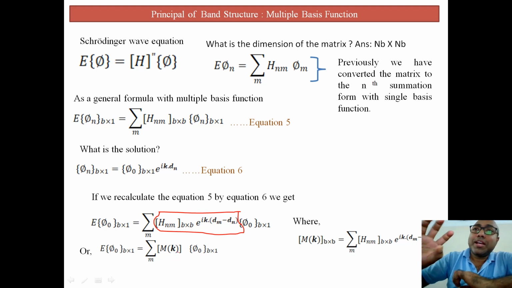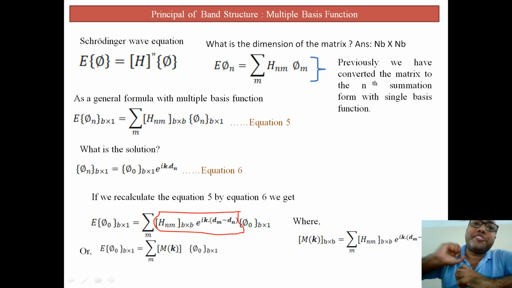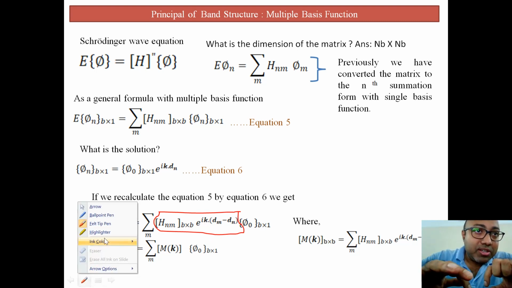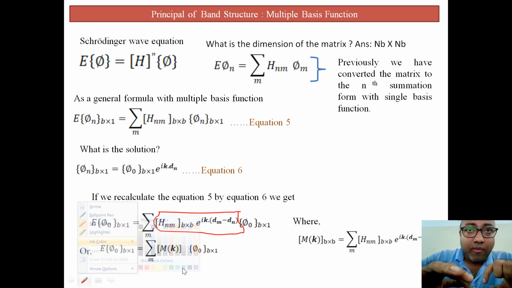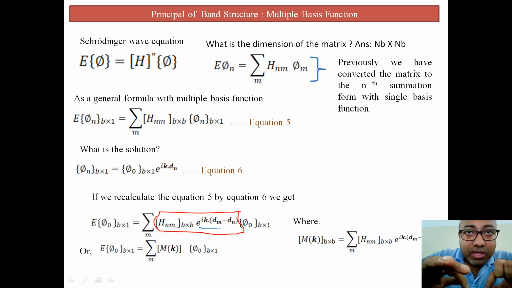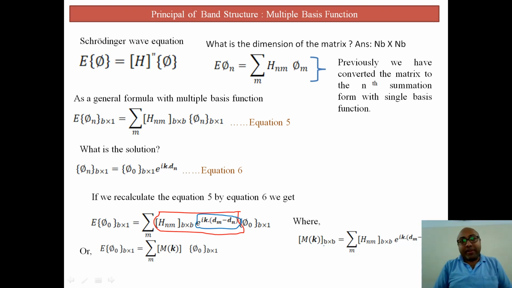This is my matrix component, with the phase factor. What is my phase factor? This is my phase factor. Correct. Other than that, everything is fine.